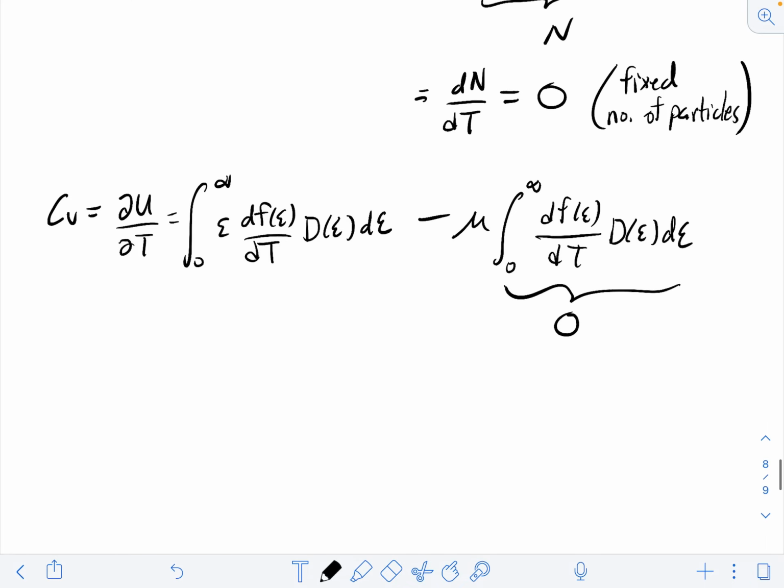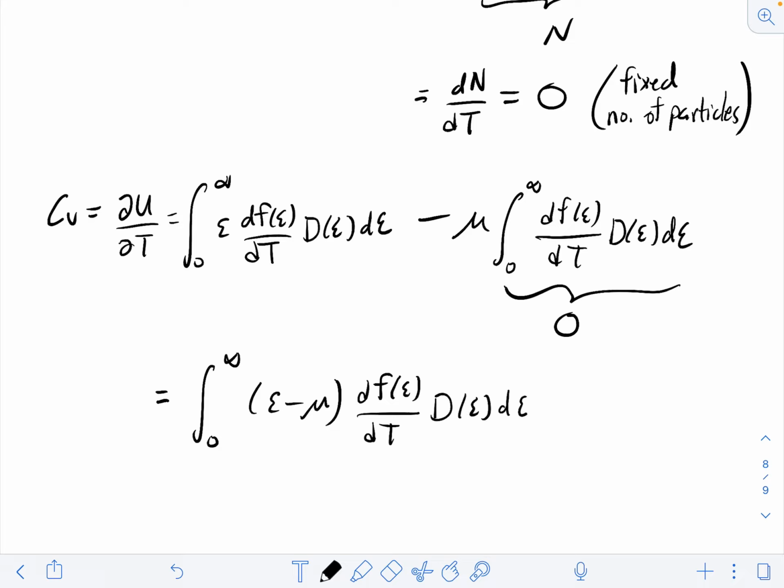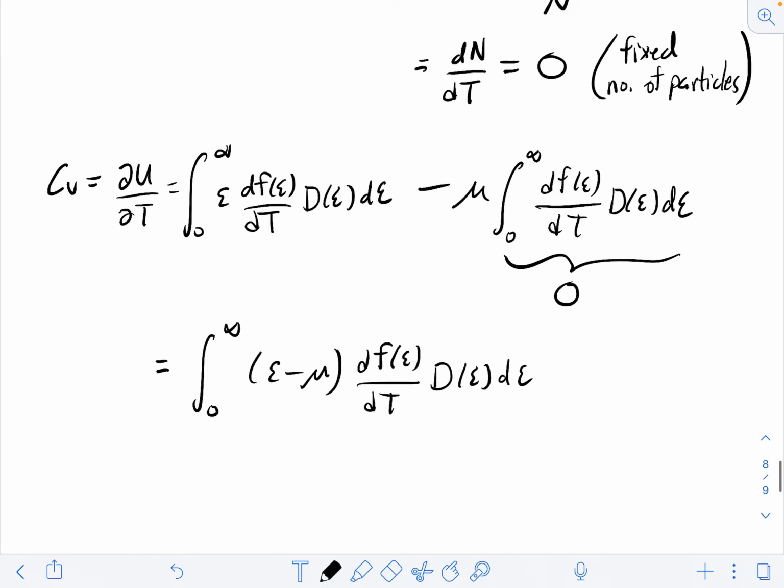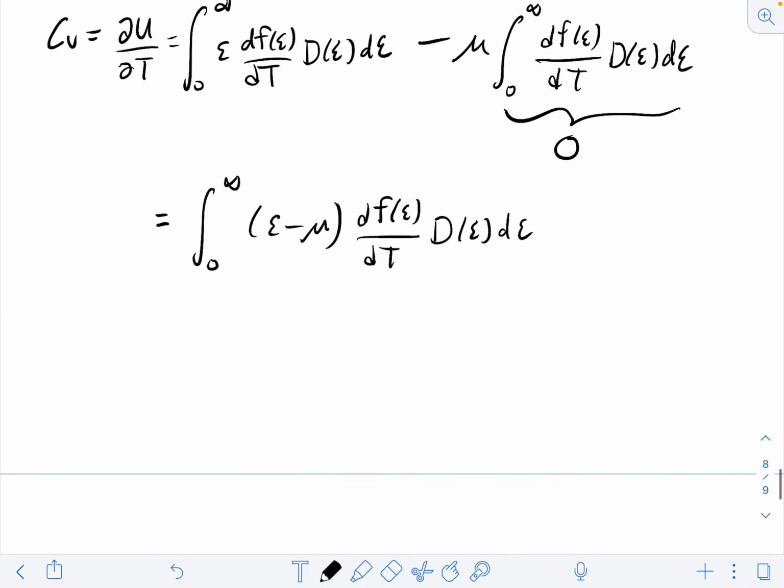But it's going to turn out to be a convenient thing to do because there's a lot of common factors in these two integrals. So I can combine the two, and what it looks like is epsilon minus mu times the derivative of the distribution function with respect to temperature times the density of states. Okay, good. So this is our current expression for our heat capacity.